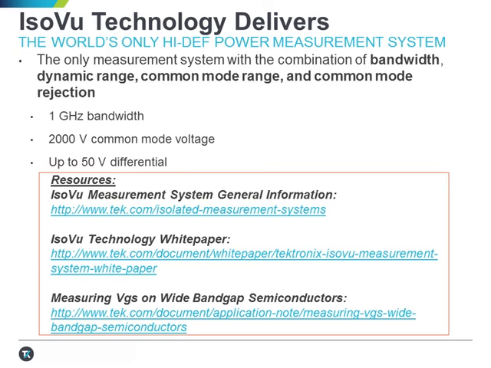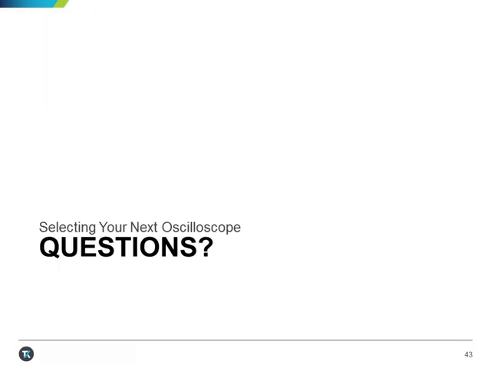We have a rich archive of resources available at the general information link at the bottom of the slide, and a more detailed white paper on how the system works and on other VGS measurement techniques on wide bandgap semiconductors.